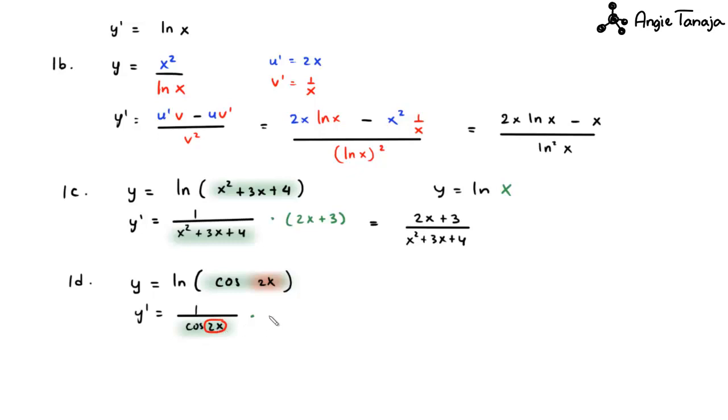So the derivative of this will be negative sine 2x. And then we have to multiply it again by 2, and this 2 is just the coefficient. So it simply becomes negative 2 sine 2x over cos 2x, and this will be negative 2 tangent 2x. Simpler is better.